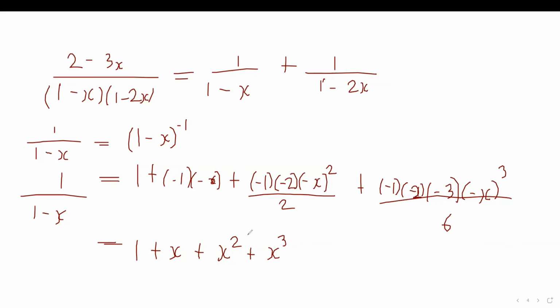So now we need the expansions for 1 over 1 minus 2x. We can say 1 over 1 minus 2x is, of course, going to be equal to 1 minus 2x, and this is being raised to the minus 1.